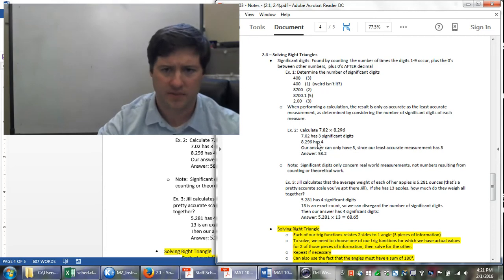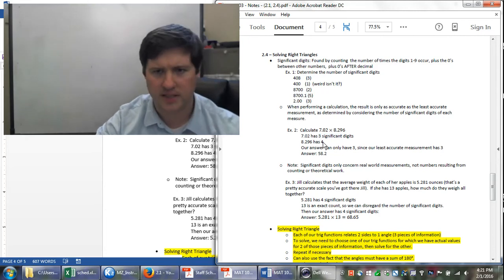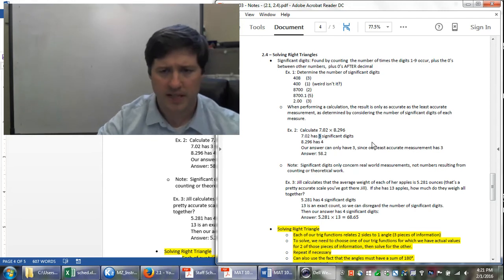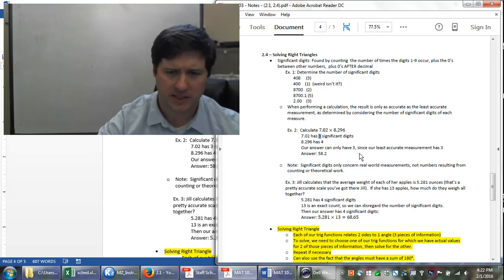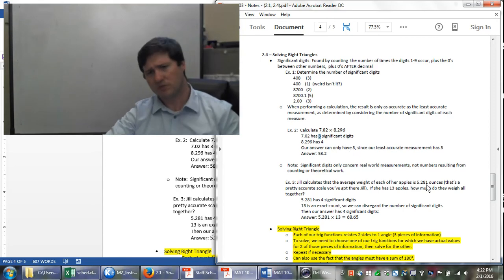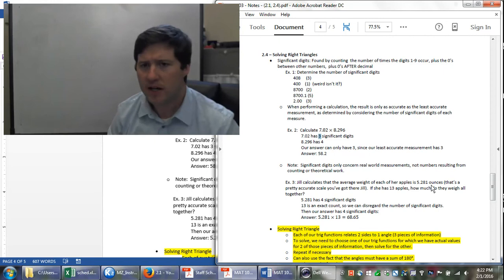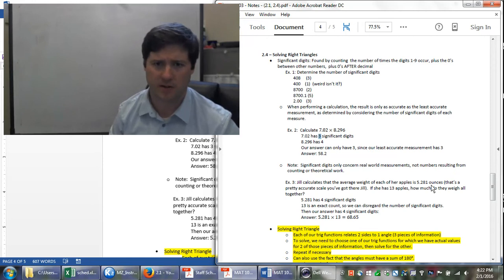Okay, so performing a calculation, the result of that calculation is only as accurate as your least accurate measurement. And so we have to use the least amount of significant digits that occurs. So for example, 7.02 times 8.296. 7.02 has 3 significant digits. 8.296 has 4.